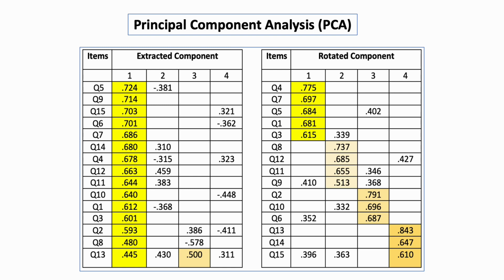But you can see here, as we started with 3 constructs, or 3 factors of the component, when we ran the principal component analysis using the same data, we found that there were more than 3 factors determined in the extracted components, and then the rotated components clearly determine 4 components, not 3.